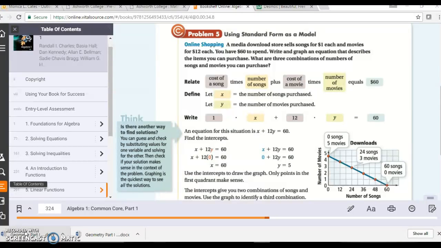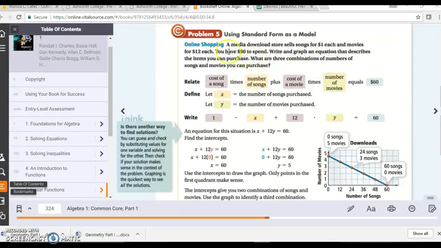So the first thing we need to do is define our variables. Since we're graphing on a coordinate graph, it's probably best to use x and y. So we can say x can be the number of songs purchased and y can be the number of movies purchased. Because songs are $1, we can say 1 times x represents our first one.